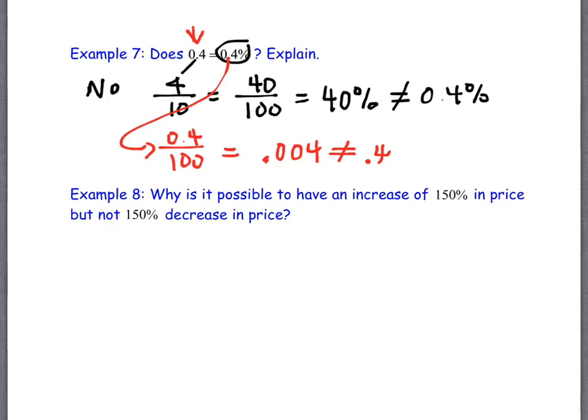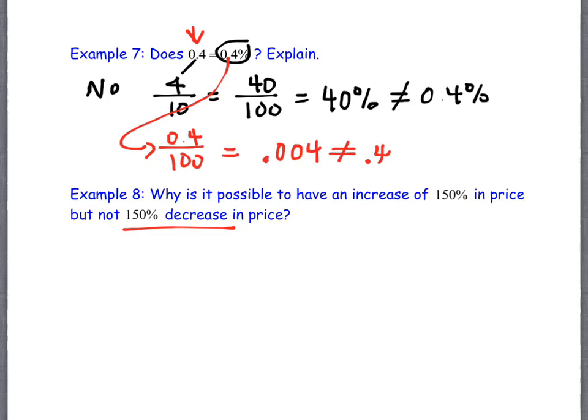Example 8 is a fun example. Why is it possible to have an increase of 150% in price, but not a decrease of 150% in price? Yeah. If you talk about this one, this would actually mean that somebody's paying you to take the product.